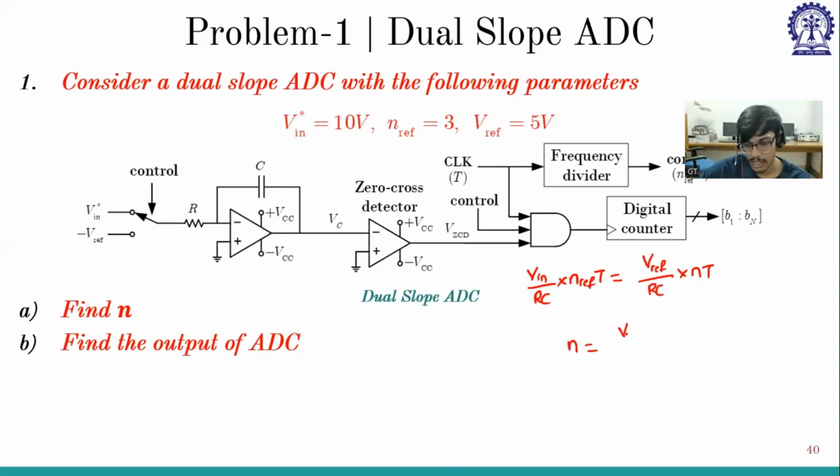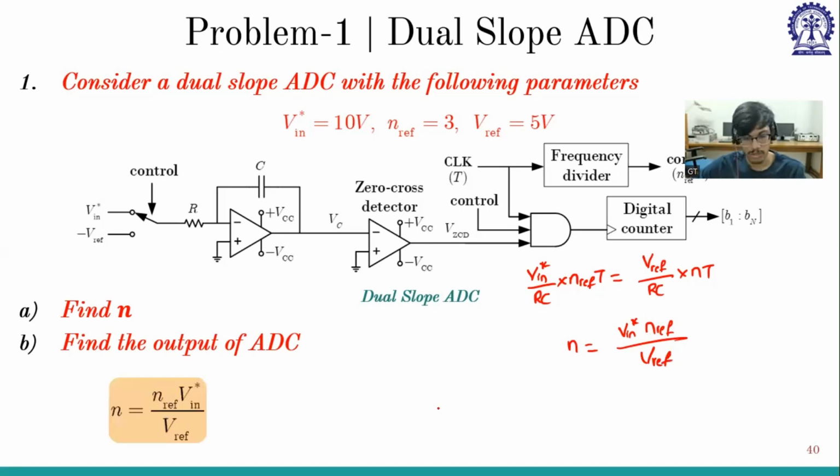N is nothing but V in star into N reference by V reference. This is the same formula. Whatever values I have given, if you substitute them here, N reference is 3, V in star is 10, and V reference is 5. So the value is 6. So N is equal to 6.